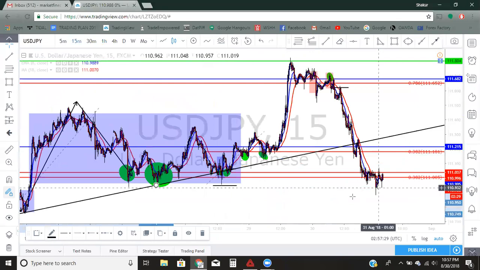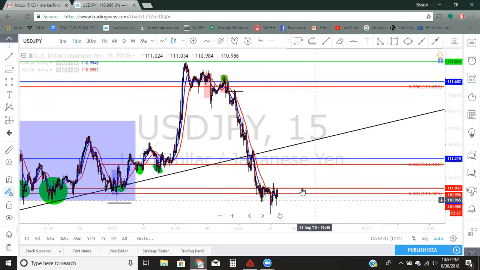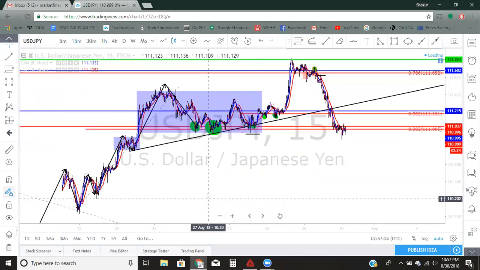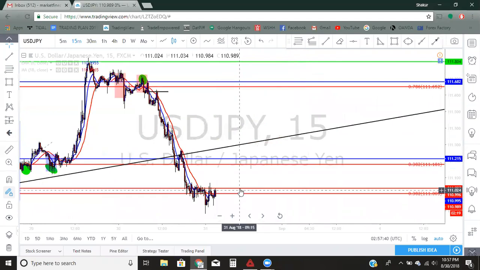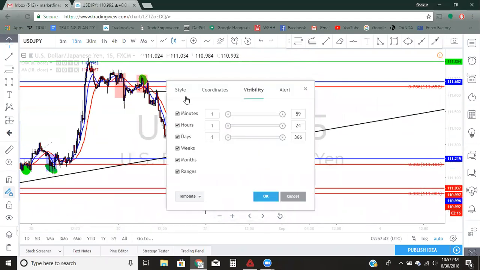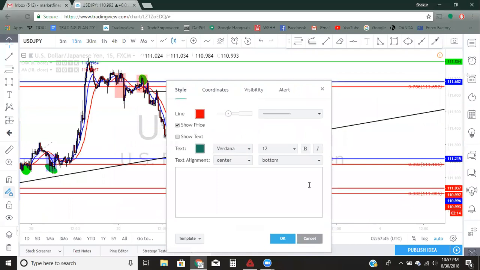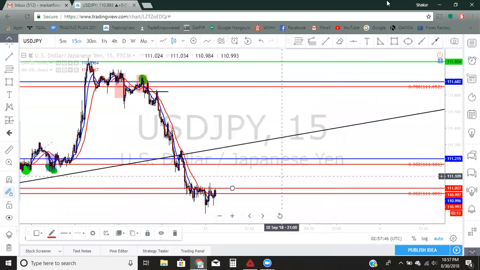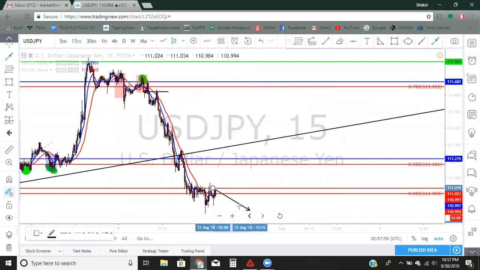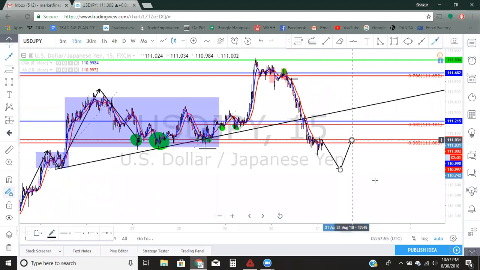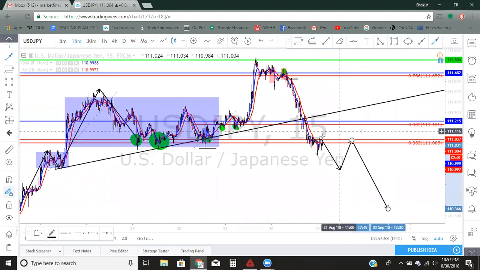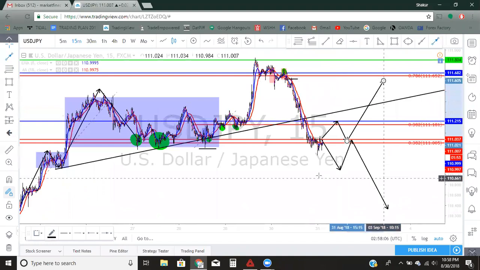I don't know what it's going to do right now because it's sitting at my daily structure point. So as of right now, at my daily structure point, it's either going to break back above, or I'm looking for this market to break below it, give me a push below the daily structure, come back up, and give me a push back down, or do the opposite: push up, bounce off the 4 hour, then come back and continue in that direction.